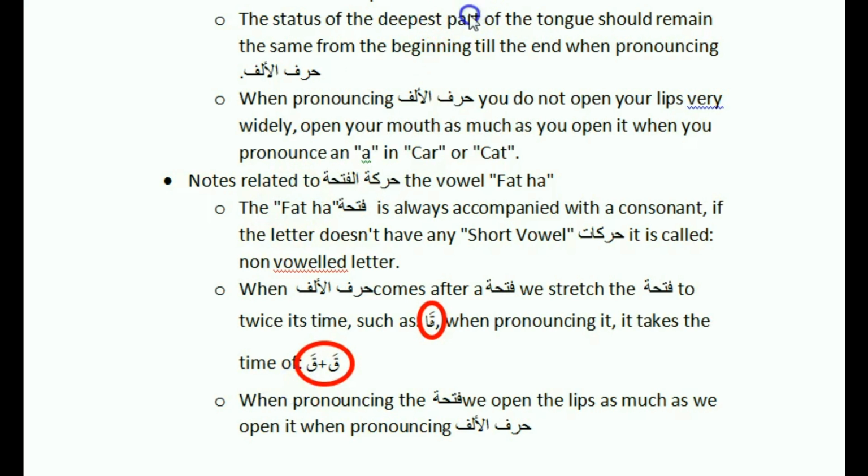Note number 3. When pronouncing fatha, we open the lips as much as we open it when pronouncing an alif. And I'll illustrate this in the coming video right now. When we pronounce a fatha, we say, for example, qa or sa. See, when we stretch the fatha, we stretch it at the same specific opening of the mouth to present an alif.